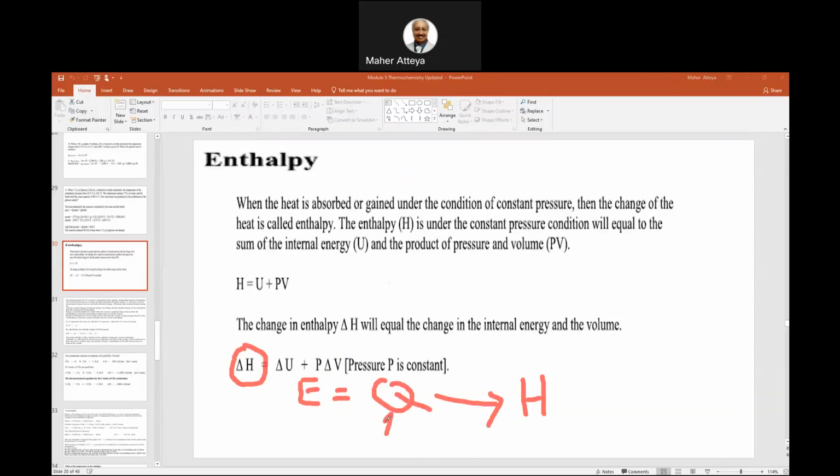When I say Q, I'm not considering any internal motion of the molecules or particles within the system. E, Q, H mean the same thing, but from now on we'll use H because it's more comprehensive.